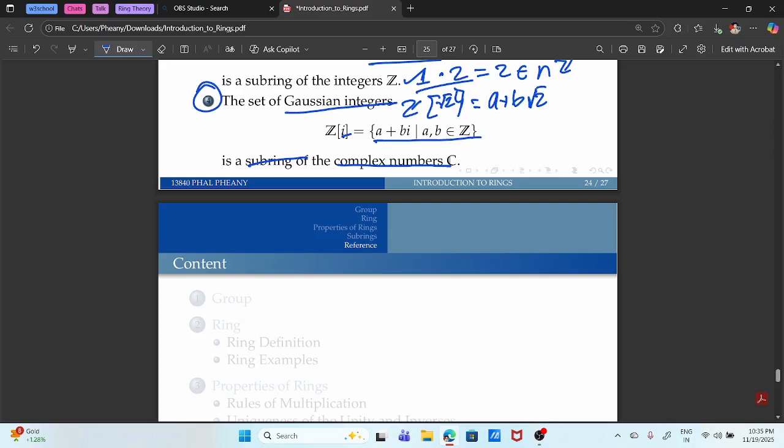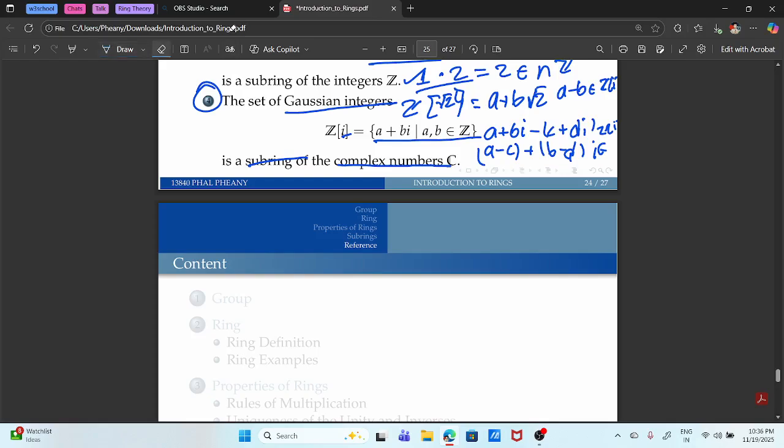Suppose we have a plus bi minus c plus di. So we get a minus c plus b minus d times i. It is of the form of a complex number also. It belongs to set I. So it means a minus b belongs to set I.